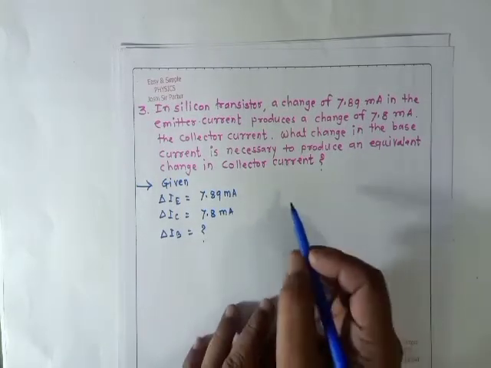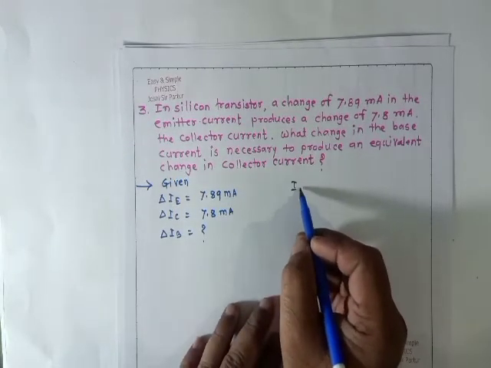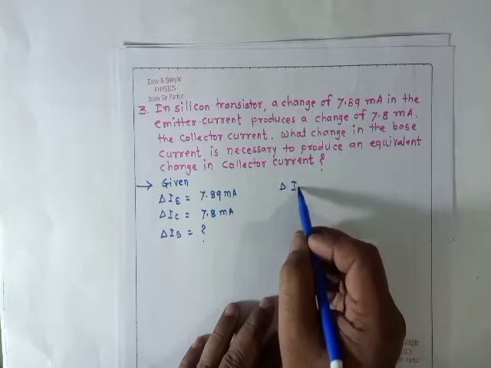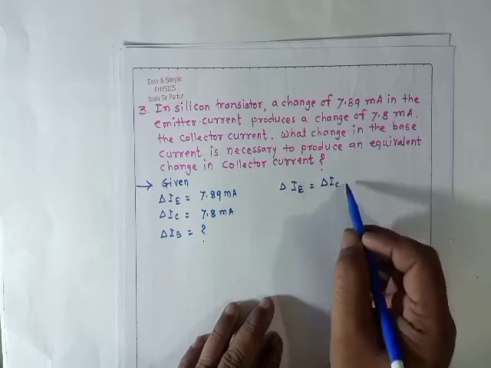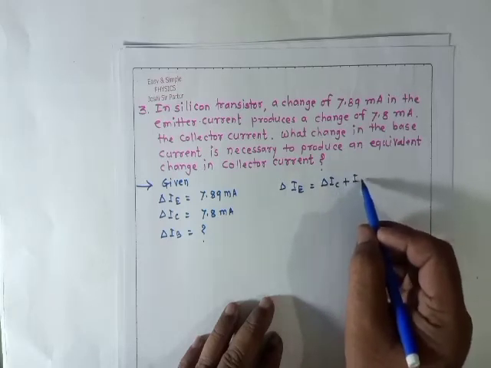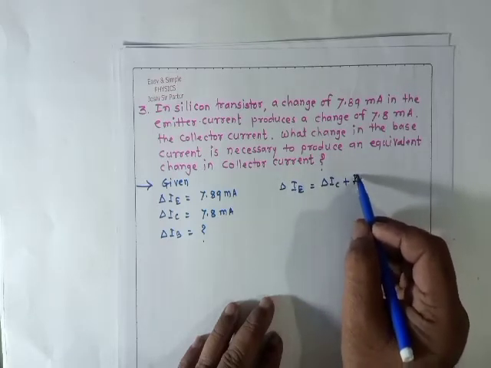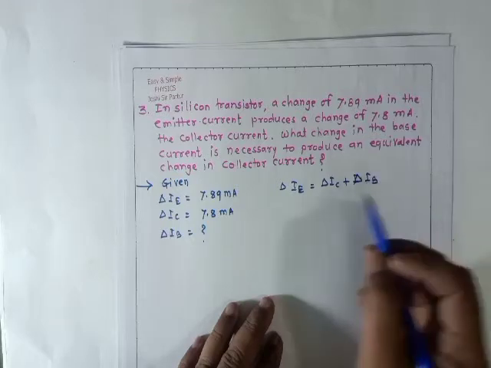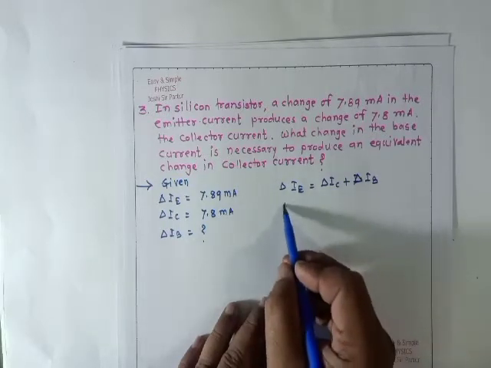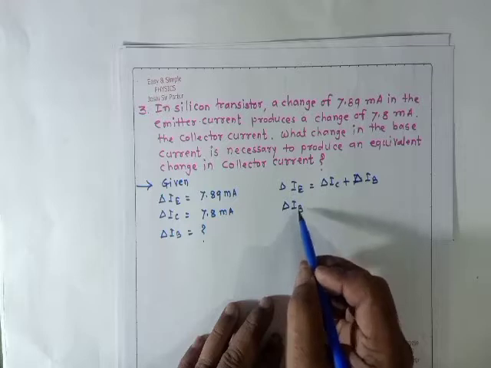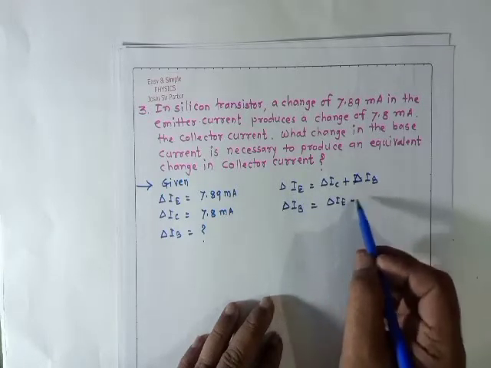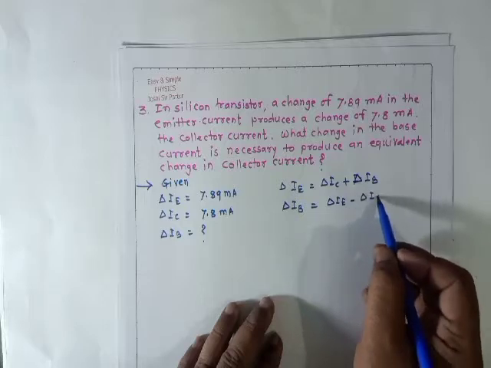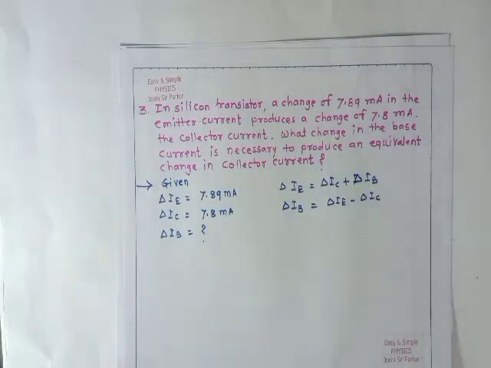Here we can use emitter current. Delta emitter current is equal to the summation of delta collector current plus delta base current. We want to find delta base current, that is delta IB is equal to delta IE minus delta IC.